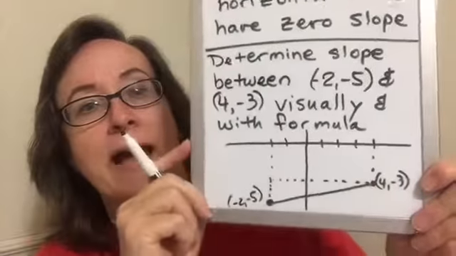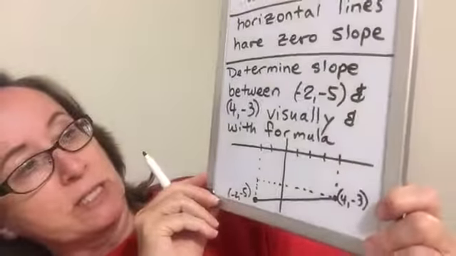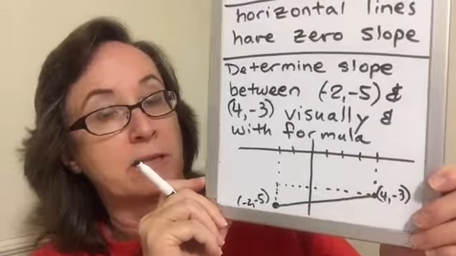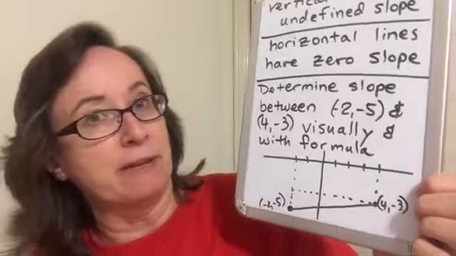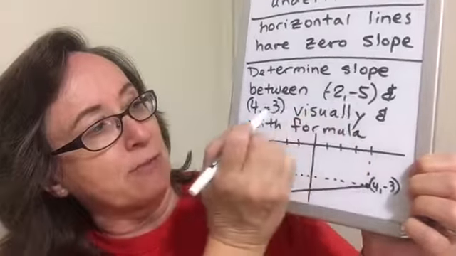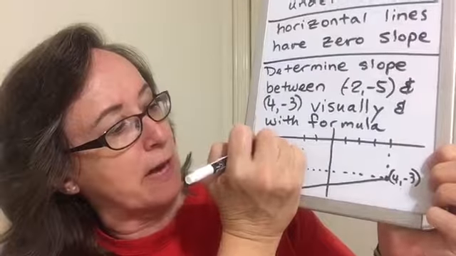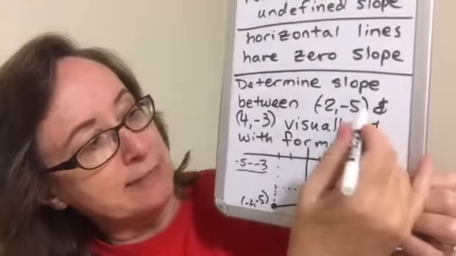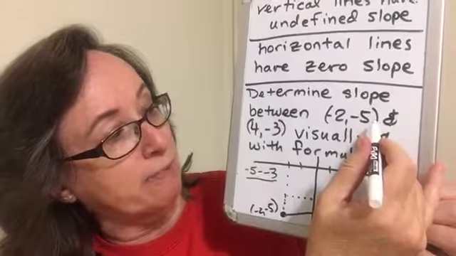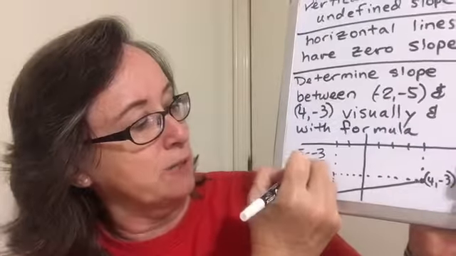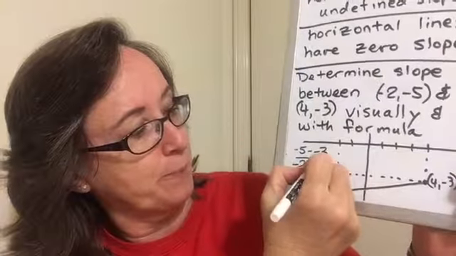So I have graphed these 2 points for you, (-2, -5) and (4, -3). Now if we're going to do this one with the slope formula, we would take the difference between the two y values. So if I did -5 minus a -3 on the top, then since I started with -5 in the y values, I would have to start with -2 on the x values, -2 minus a 4.